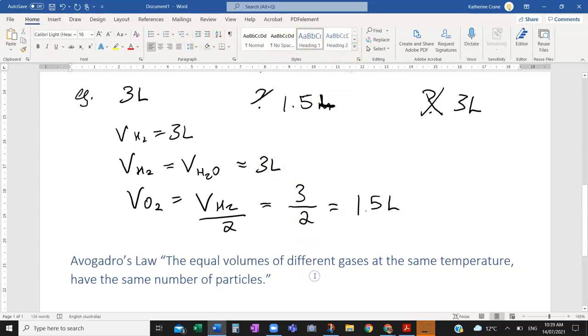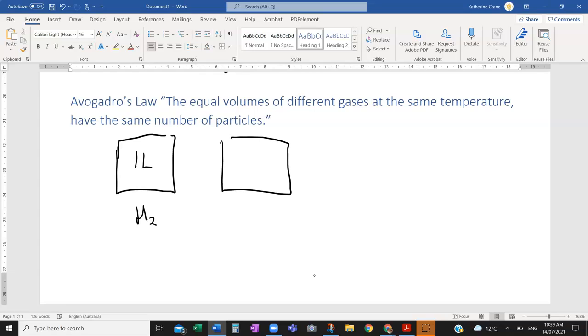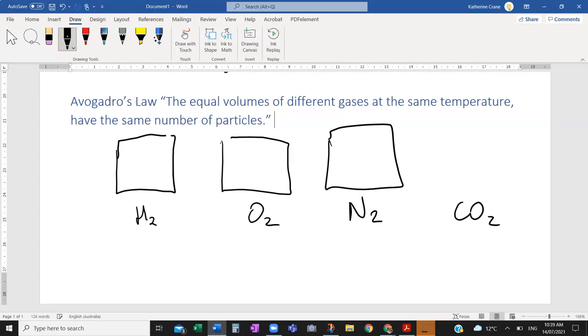So what this means is that if I have hydrogen gas, I have 1 litre of hydrogen gas, I have oxygen gas, I have nitrogen gas, I even have carbon dioxide gas.